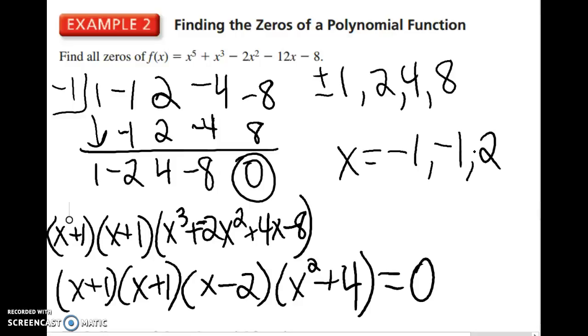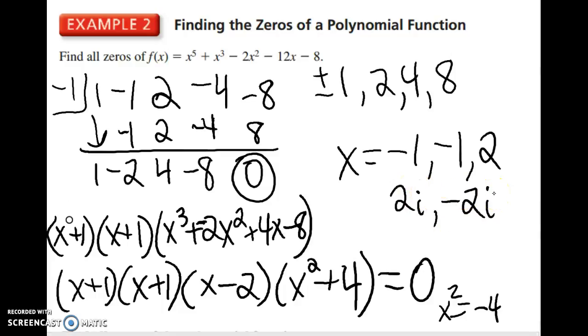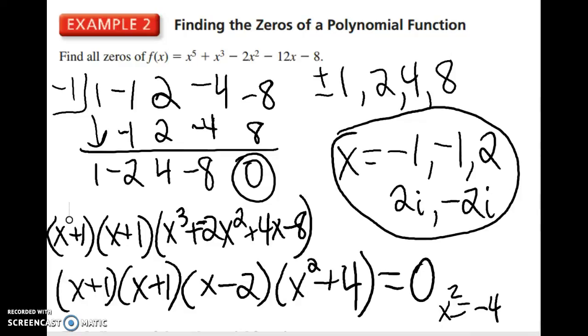And then x squared plus 4, if you subtract 4 from both sides and solve, x squared equals -4, you'll get plus or minus 2i. So 2i and -2i. This is where imaginary numbers come into play. And finally, this is your final answer for example 2.